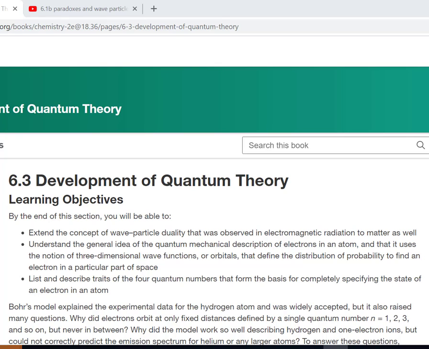Understand the general idea of the quantum mechanical description of electrons in an atom, and that it uses the notion of three-dimensional wave functions, or orbitals, that define the distribution of probability to find an electron in a particular part of space. And then the last one there, we are only really going to talk about two of the four quantum numbers, and not really about the relationships between them.